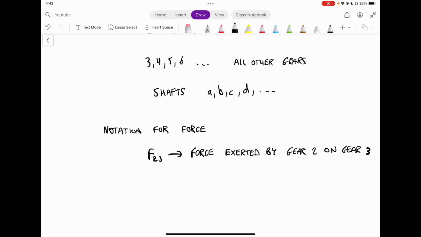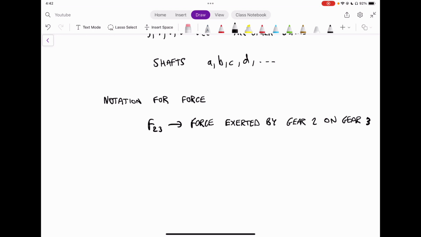In the same way, we can also write a force between a shaft and a gear. So we can say F2A, for example, would be the force of gear 2 against shaft A. And of course, I can do the opposite of that too.